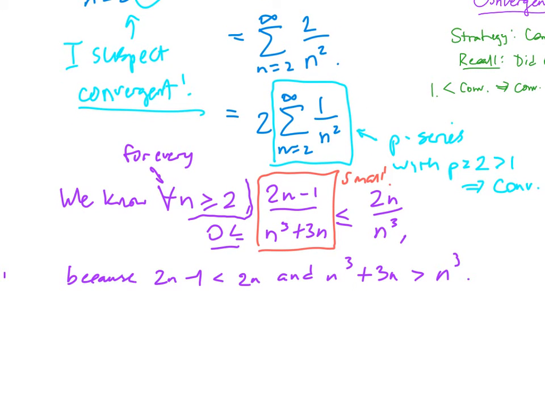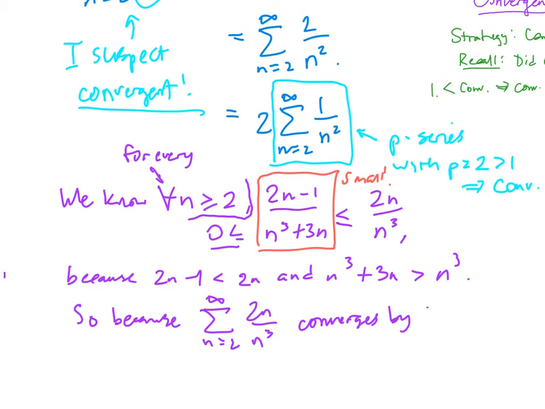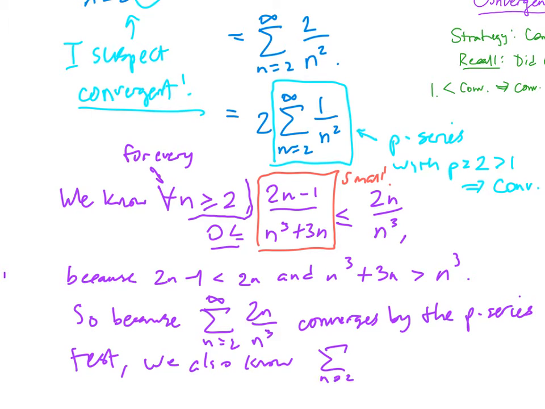Okay, so because that's true, because the sum from n equals 2 to infinity of 2n over n cubed converges by the p-series test, because that converges, we also know that my original sum, the one I wanted to consider, (2n minus 1) over (n cubed plus 3n), also converges.